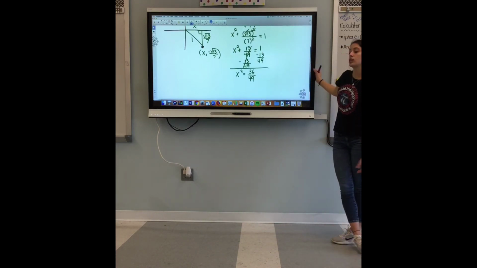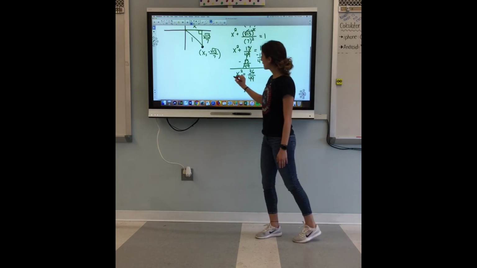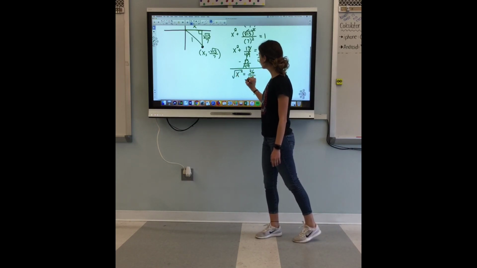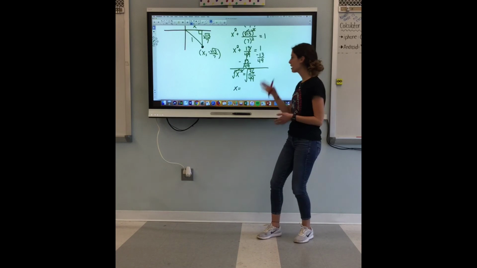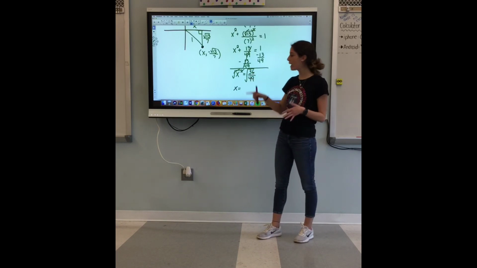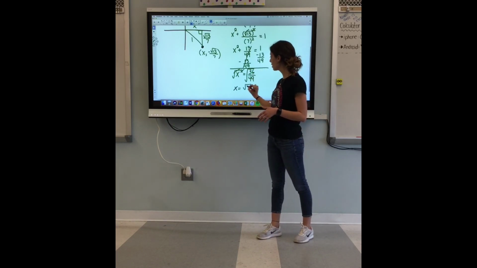Now we have to take the square root of both sides in order to get x by itself. So those cancel out. We're left with x equals. Now, again, this square root, we can apply that to the numerator and to the denominator separately.